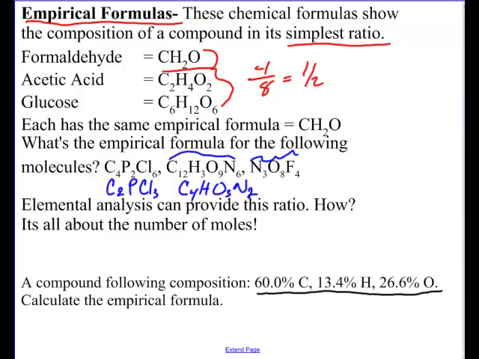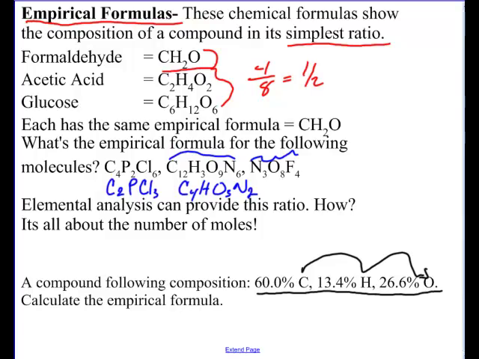How could we find this empirical formula? Well, it all has to do with what is the ratio of moles of carbon to moles of hydrogen to moles of oxygen. Okay? And to do that, there's just a little bit of math that we have to do, and you'll find that it's actually something very reasonable.